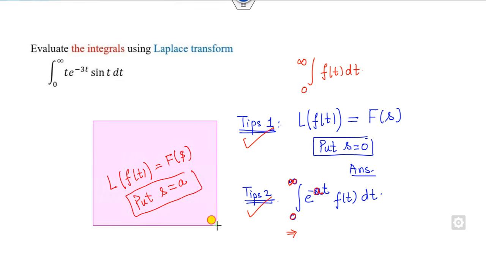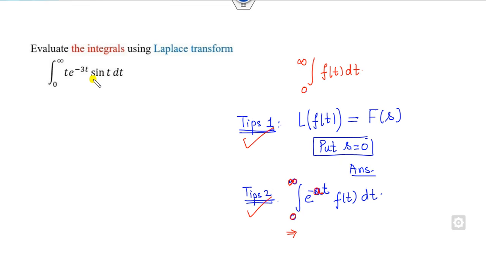If you look at this example, because the exponential term is present, I can find the Laplace of this quantity. Firstly, the Laplace of sin t is 1 over s square plus 1. Then what is the rule for multiplying by the polynomial?